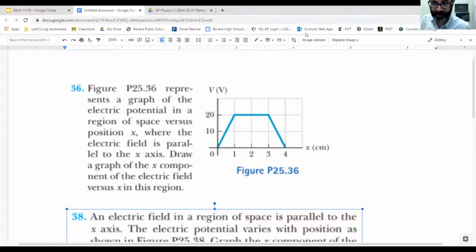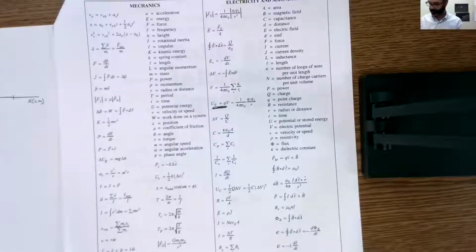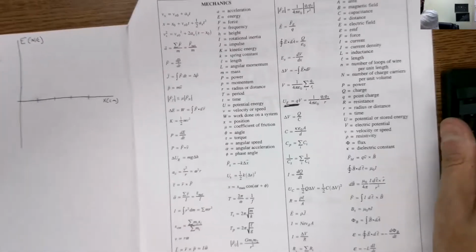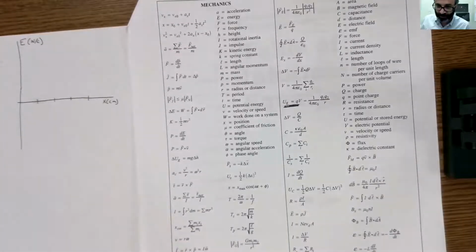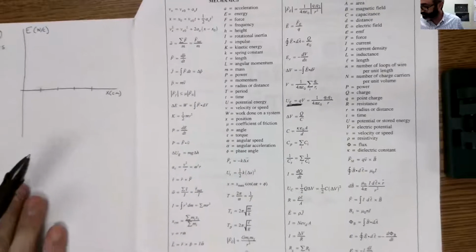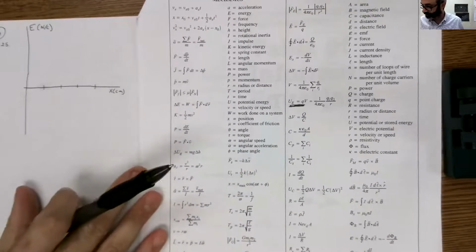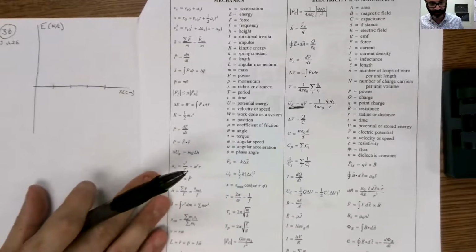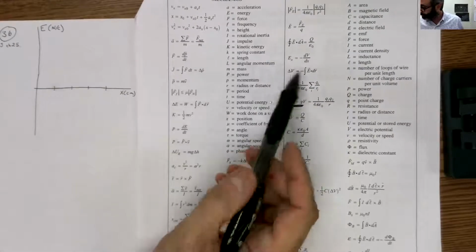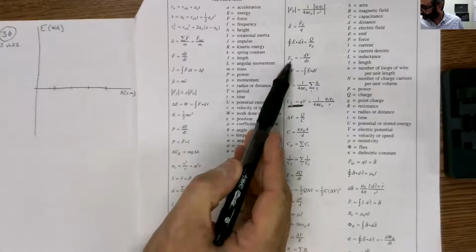So if I now quickly, I'm going to be switching the screen share between this and paper. You should have this equation sheet, the one you'll have on the AP test. Not a lot of people picked them up, so I hope you either printed out your own copy or have access to it. It's on the class website, Google Classroom.